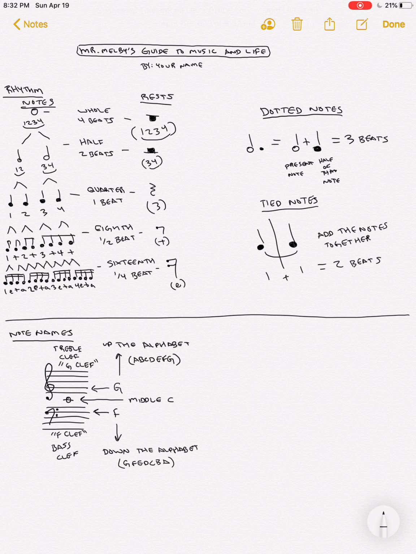The last thing we'll talk about today in assignment 5A are accidentals. Contrary to the name accidental, accidentals are very purposeful. We know of sharps and flats. These are the basic accidentals. A sharp raises a note a half step.